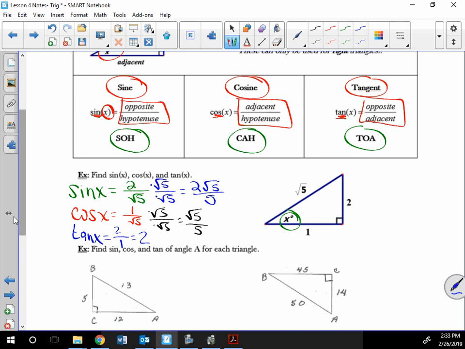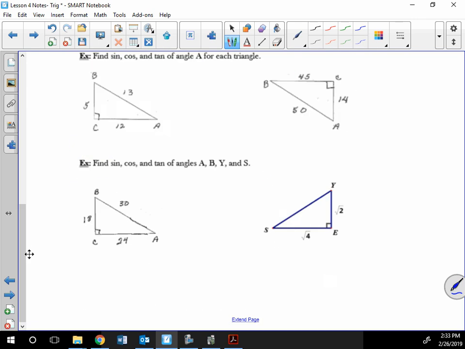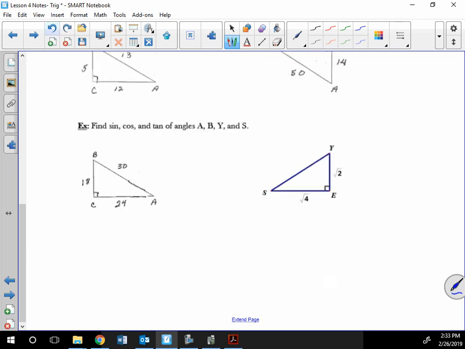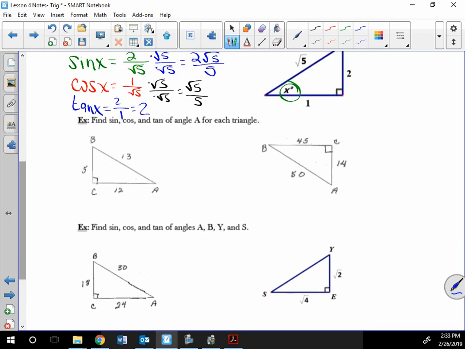Okay. So let's take a look at this one here. It says find sine, cosine, and tangent of angle A for each triangle. So I want you to go ahead with this one here. Again, you're going to do this for angle A. So we're looking at this angle here. I want you to go ahead and find your ratios. What is sine of A, cosine of A, and tangent of A?